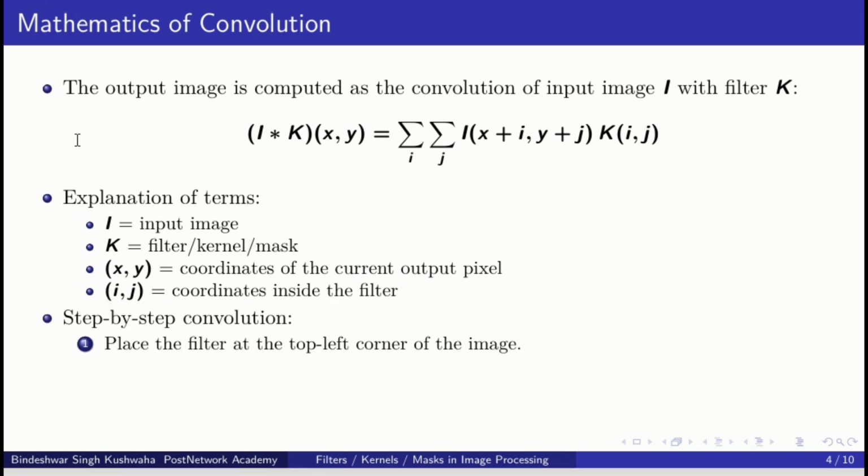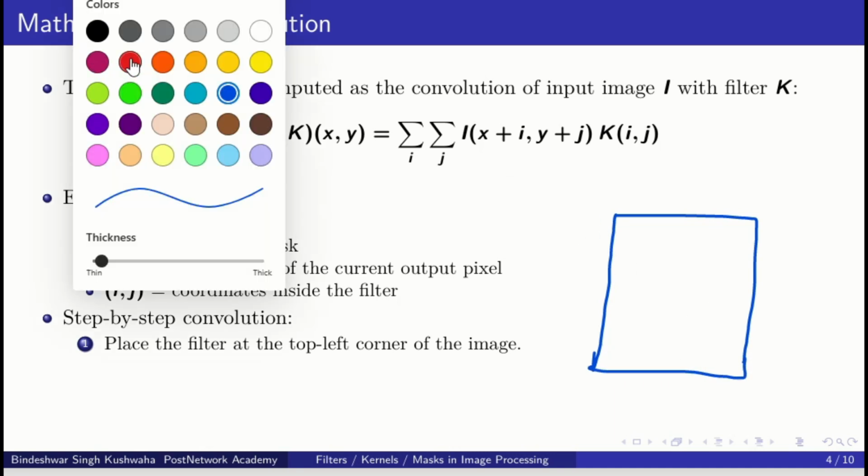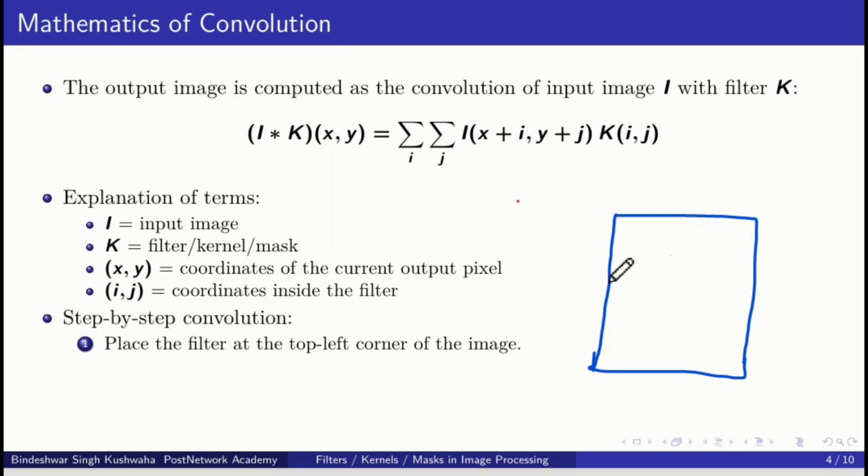Step by step convolution. First, place the filter at the top left corner. If you have an image and a 3x3 filter, you will place it there at the top left. Thereafter it will slide.